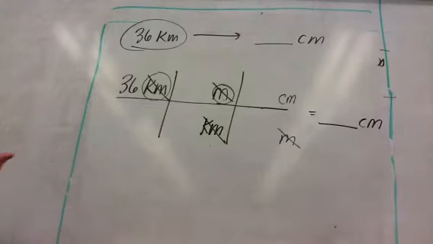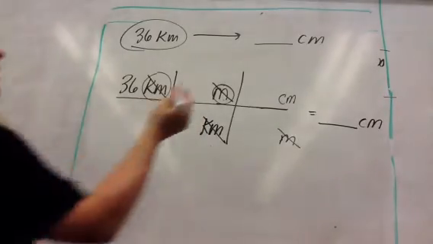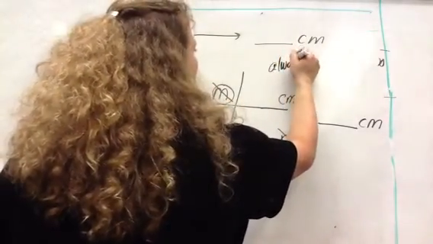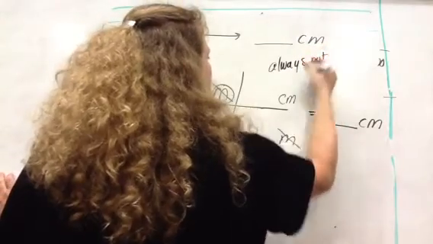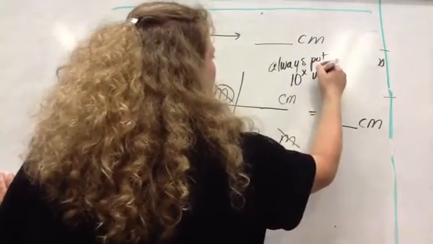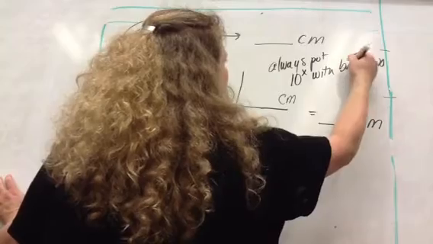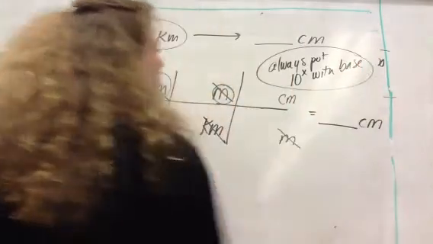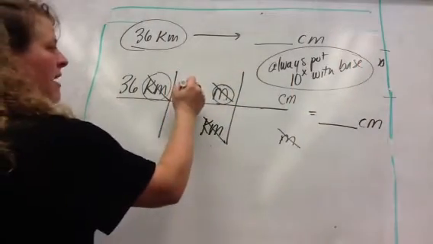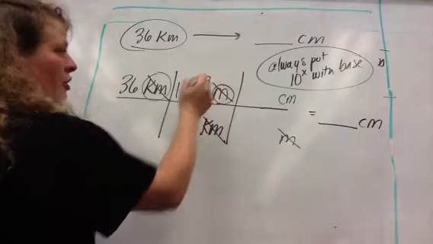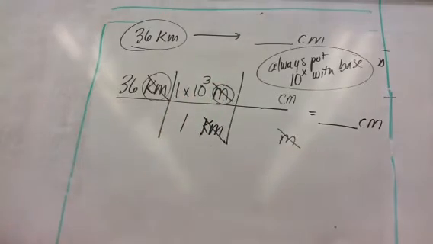Here we're going to use powers of 10. So you're always going to put the power of 10 with the base unit. Let me make a note here. Always put power of 10 with base. That's important. So this would be 1 times 10 to the third meters is equal to 1 kilometer.